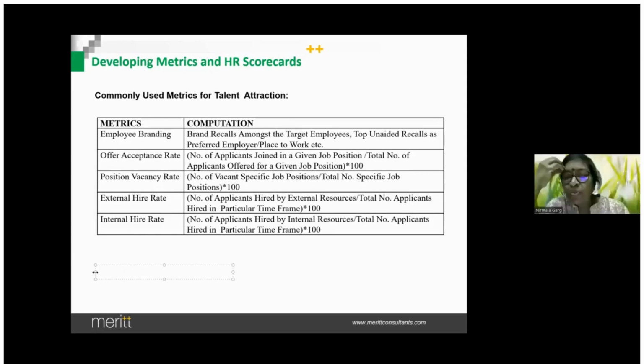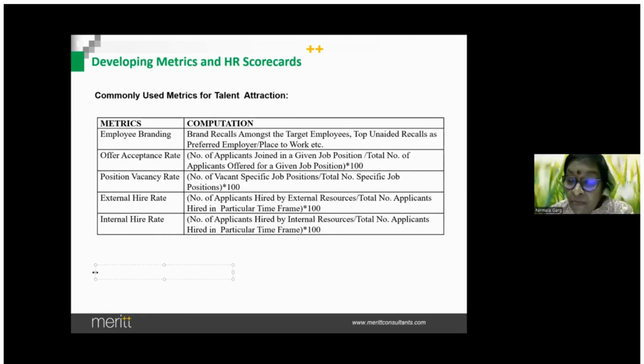Yes. So can we use that as offer acceptance rate, or offer dropping rate, as one indicator or a metric? Yes.